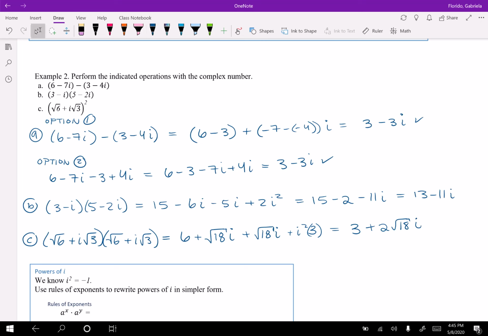We can actually simplify the square root of 18 because 18 has a perfect square in there. 9 is a perfect square. And so the square root of 18 is 3 square root of 2, so we have 2 times 3 square root of 2i. And so we multiply the 2 and the 3 and we get 3 plus 6 square root of 2i. So that's going to be my final answer there.